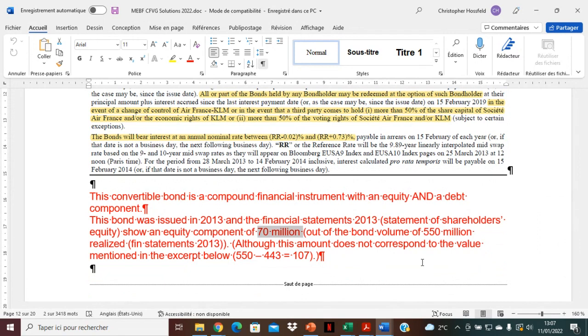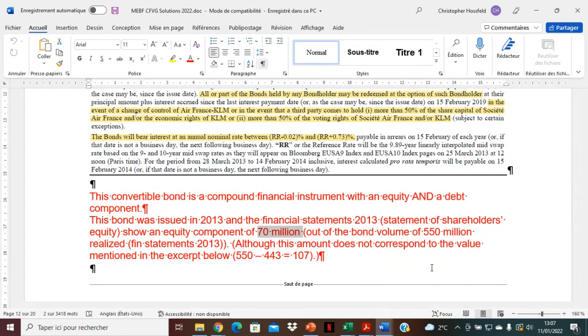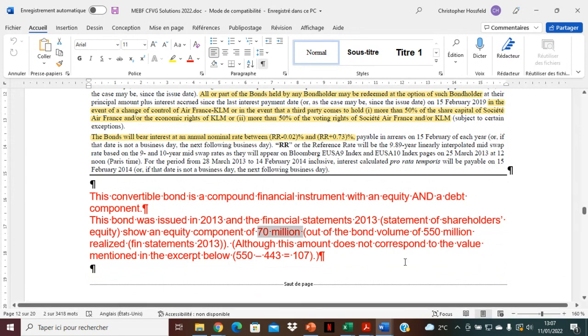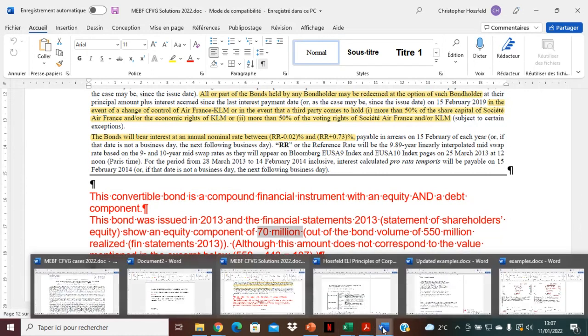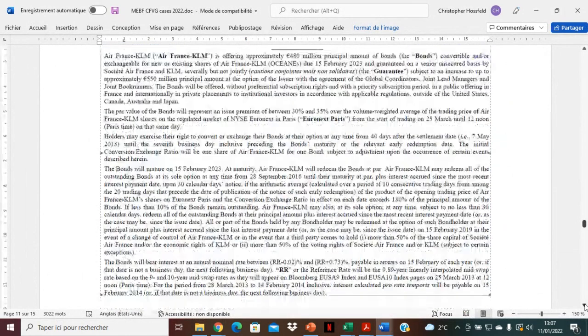So split accounting here for this first financial instrument. Questions? Please, any reaction? Can you still hear me? Do you have questions for instrument 1? Okay, probably not. Then we move on to instrument number 2.